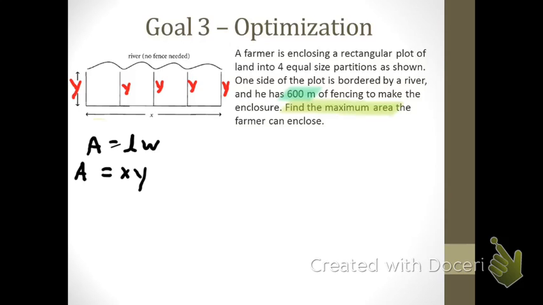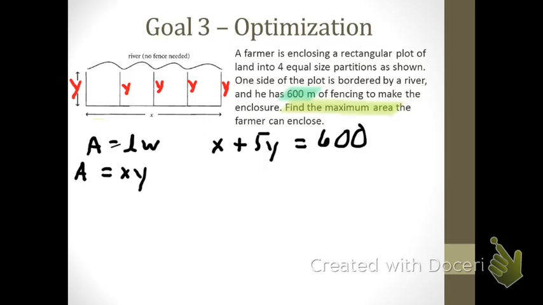What that's going to be helpful for is this. We can make an equation that relates x and y with one another, because if we take the length, just that bottom side, and add it with the 5 vertical segments, the total of those fencing segments has to equal the total amount of fencing that the farmer is working with. So we can say x plus 5y is equal to 600.